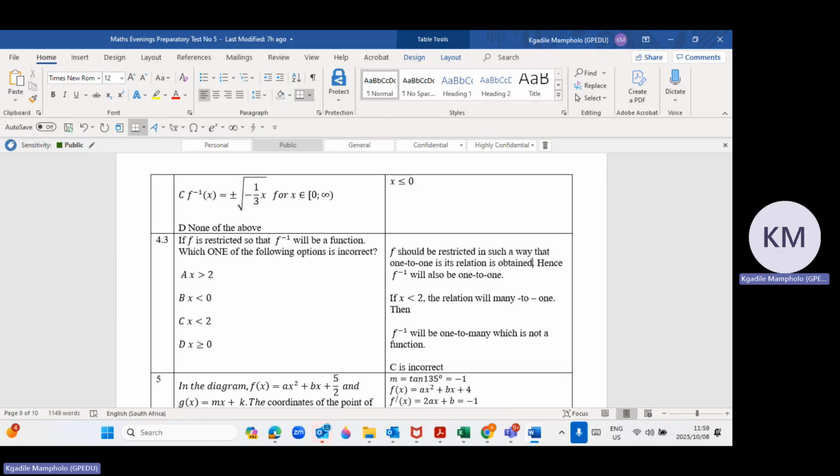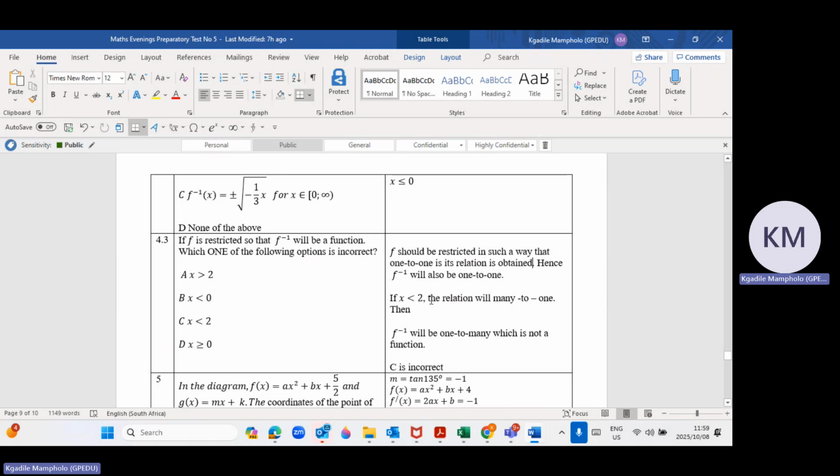So remember, if it's an inverse, in this case, it will be many to 1. Remember the graph, this f is many to 1. And any graph which is many to 1, its inverse will not be a function. It will not be a function because the inverse will be 1 to many, which is not a function.